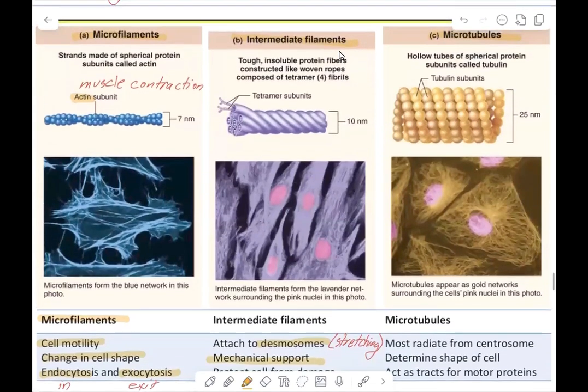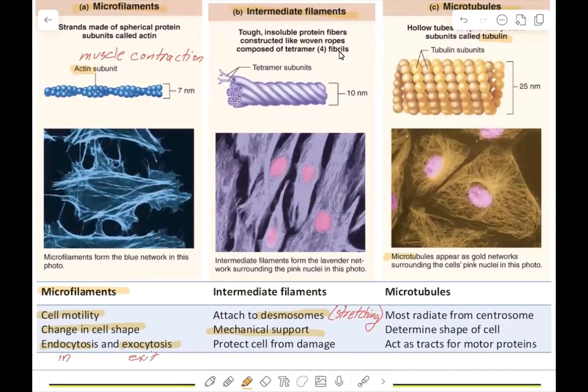The third example is a microtubule with a spherical protein that has subunits called tubulin. And these microtubules are going to be mostly responsible for things like centrioles. And pairs of centrioles make up what's called a centrosome.